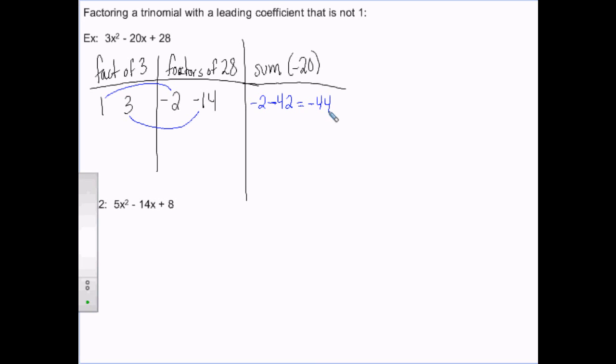But I can't discount the 2 and the 14 because I can change the things that get multiplied together because I have 2 sets. So I try 1 times negative 14 and 3 times negative 2. If I do that, I get negative 14 and negative 6, and that gives me the negative 20 that I wanted.